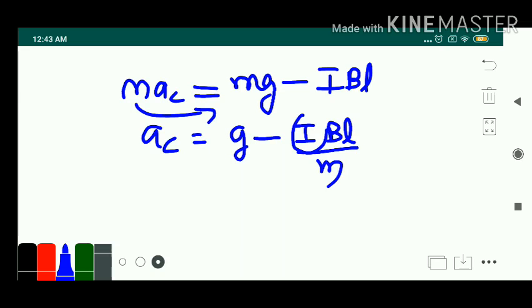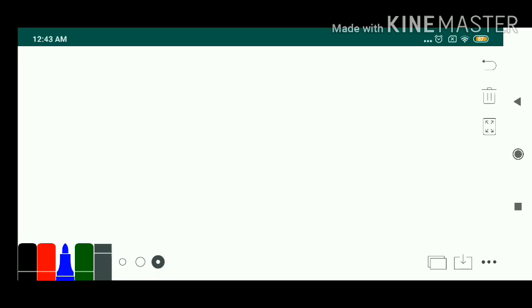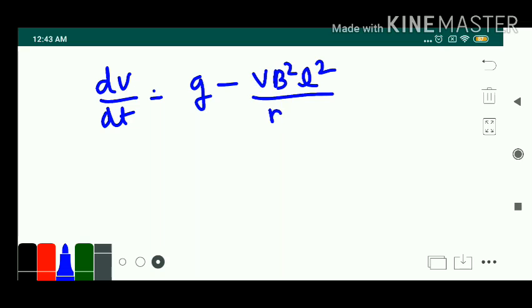Now let's replace this I value, so g minus I can be written as B squared L squared divided by M times R plus small r. This is your a. Now a can be written as dV by dt, just like the previous case. So dV by dt is equal to g minus V B squared L squared divided by M times R plus r.